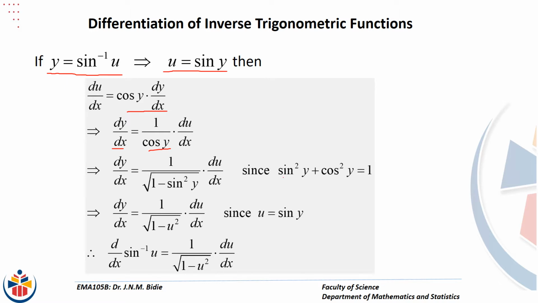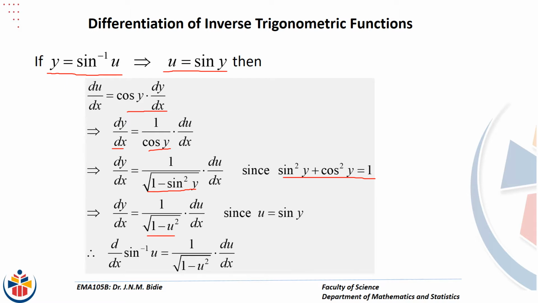Then we use the identity sine squared y plus cos squared y equal to 1, and make cos y the subject. And then it gives us the square root of 1 minus sine squared y, where sine y is equal to u. Then we substitute. So it means we'll have dy over dx equal to 1 over the square root of 1 minus u squared multiplied by du over dx.